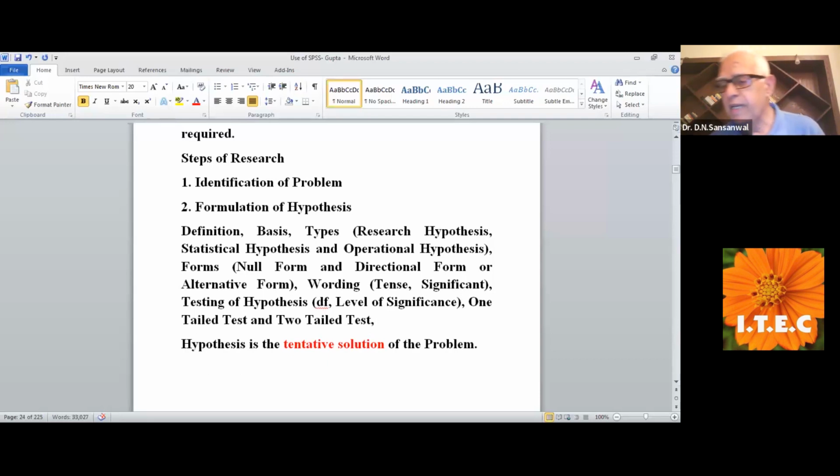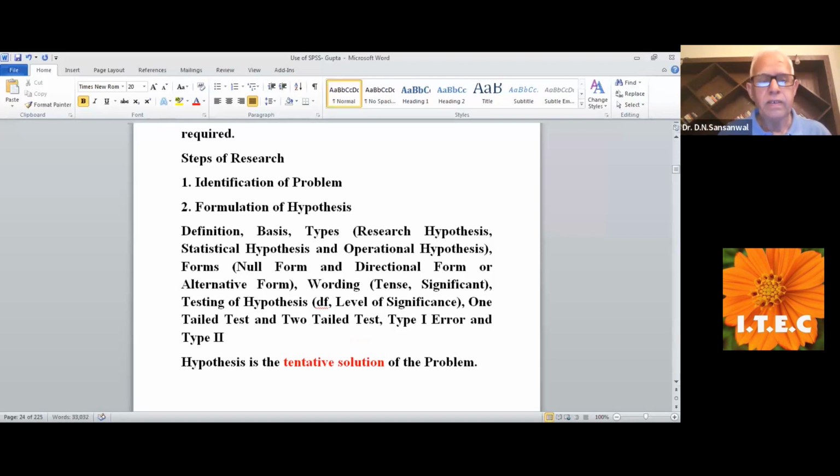And finally, you should know type 1 error and type 2 error. So this much you must know.